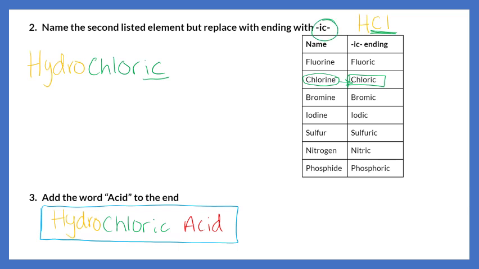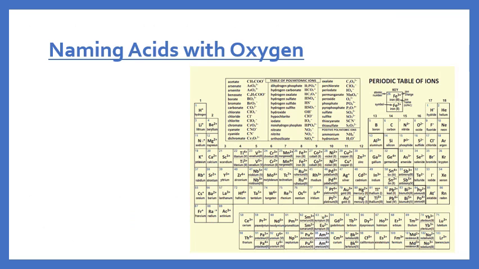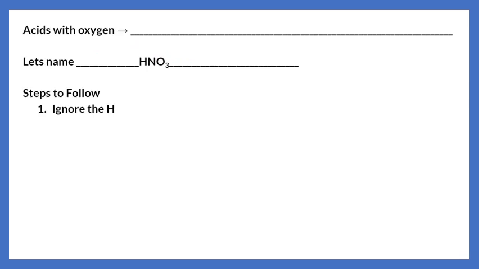Okay, nice. Now we're going to learn how to name acids with oxygen. We just learned how to name them without oxygen. Now we're going to learn how to name them with oxygen. And again, oxygen is the O. Typically, just a heads up, acids with oxygens tend to be polyatomic ions.